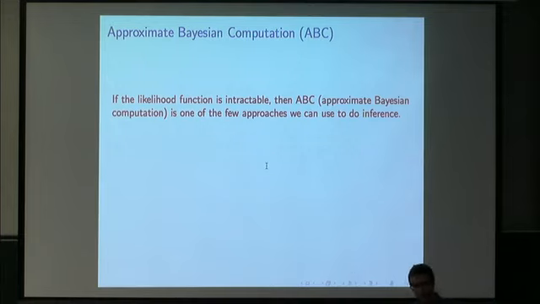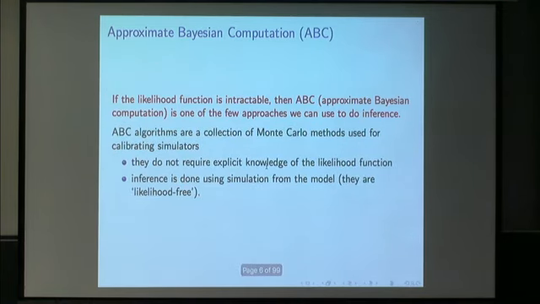So ABC stands for Approximate Bayesian Computation, but of course there are lots of approximate Bayesian approaches to computation. So I prefer ABC as a title. It tends to refer to a particular type of Monte Carlo algorithm that uses simulation. So I'm going to use ABC more than approximate computation here. As I say, they don't require explicit knowledge of the likelihood function, and we do all the inference using simulation.